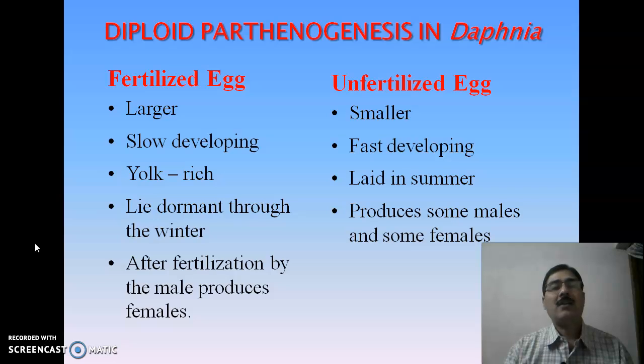The fertilized egg remains dormant through the winter. It means there is a period of diapause, and after fertilization the male produces females. Now, the production of some males and some females.